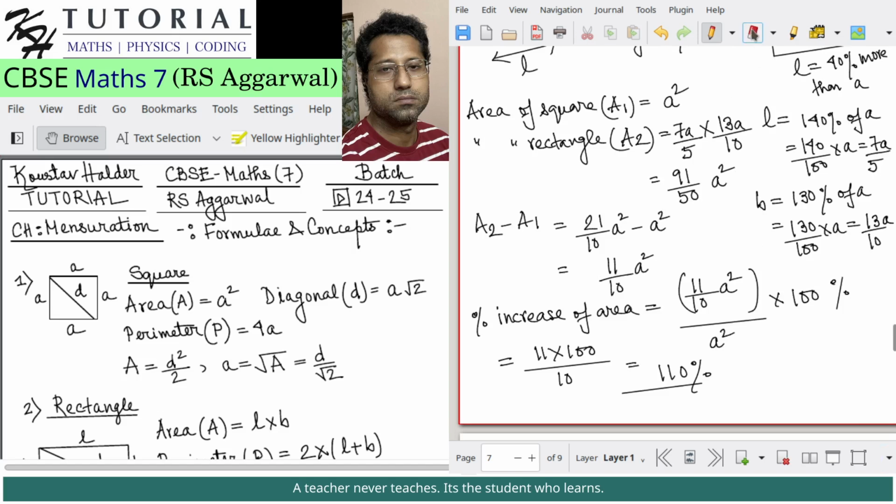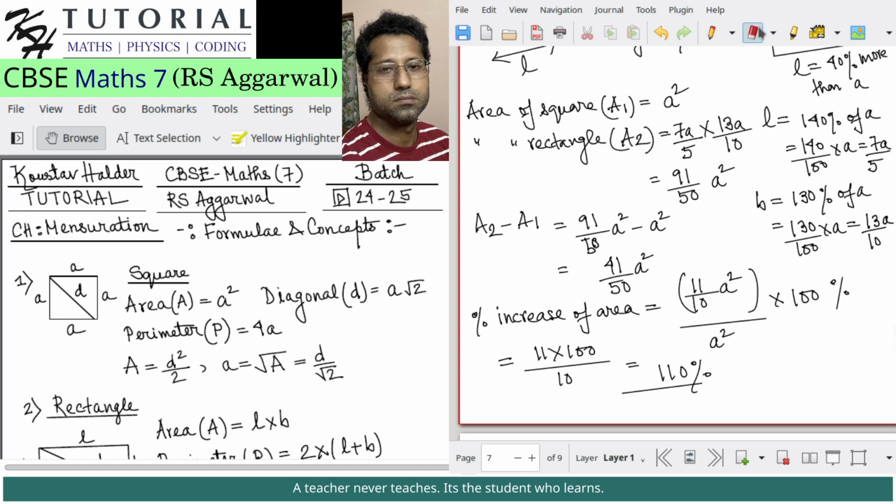So the difference in area will be 91 by 50 A square minus A square, which is equal to 41 by 50 A square. So the area of the rectangle is 41 by 50 A square more than the area of the square.